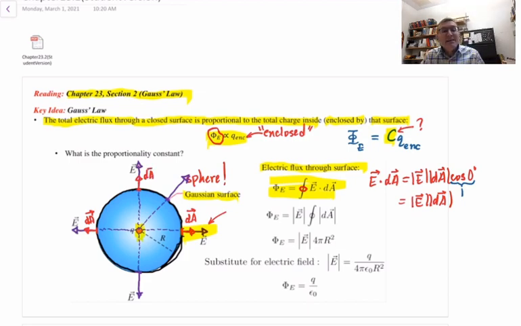Again, the E and the dA are parallel. What about this little patch over here on the side? Again, the E and the dA are parallel. For every patch, the E and the dA are parallel. And so symbolically, that E dot dA looks like that. Okay? And so that's what goes inside the integral.